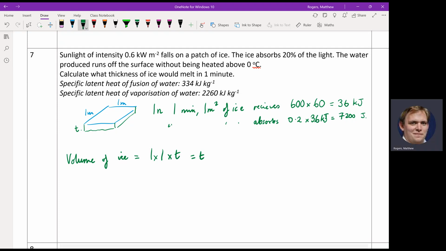We know for ice that it has a density of 1,000 kilograms per meter cubed. So the mass of ice melted should just be equal to its volume times its density. So the mass of ice that will melt is 1,000 T, and that would be in kilograms.